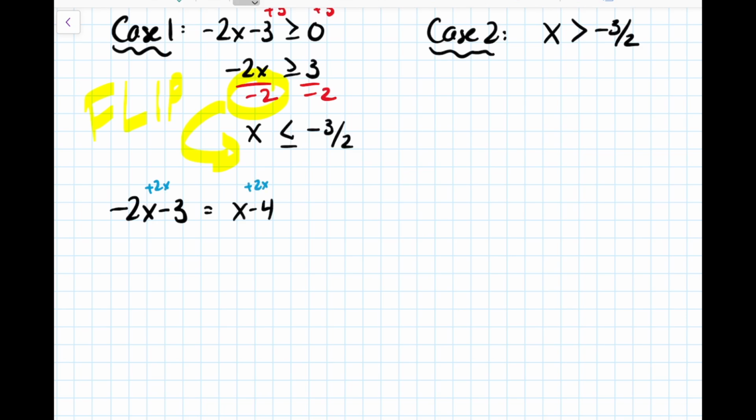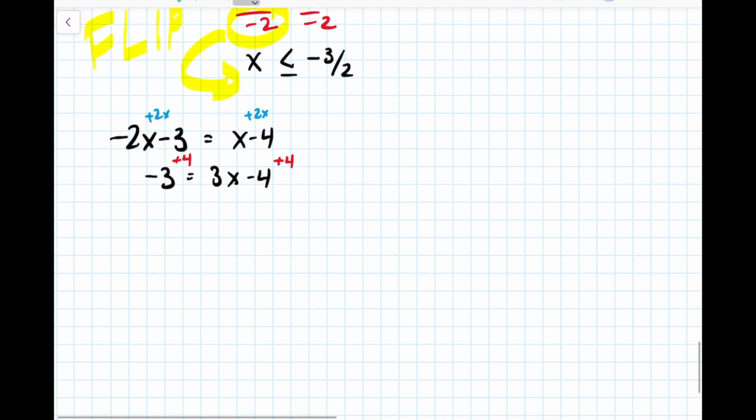Remember, when you have multiple x's, move them all onto one side, just like we did on the last one. That's going to get me -3 equals 3x minus 4. I'm going to add 4 to both sides, and that's going to get me 1 equals 3x. Then I'm going to finish this off by dividing by 3, which gets me x equals 1/3.